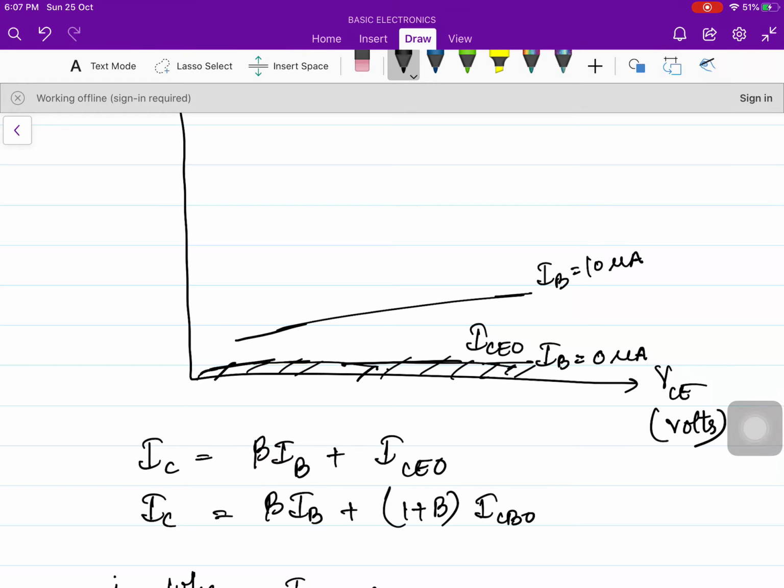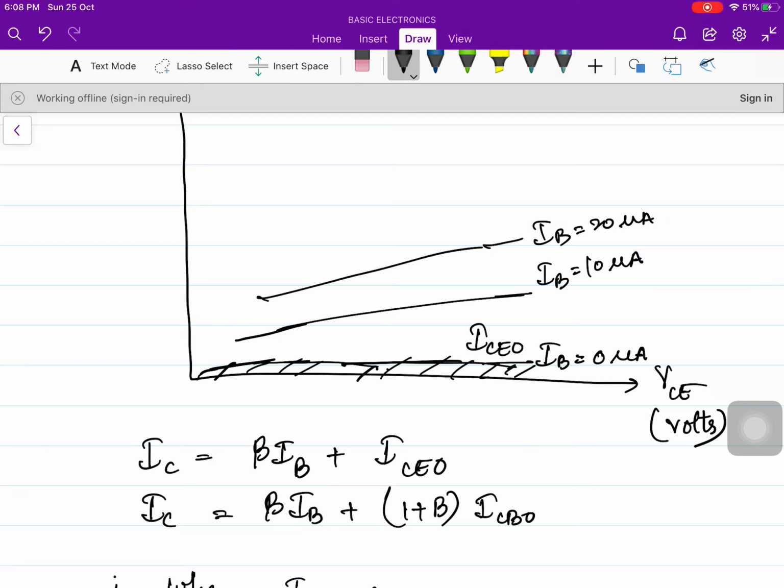Now remember, we took IE as 2, 4, 6 milliamperes in the output characteristics of common base, because the unit was big, milliampere is much greater than microampere. So for bigger units we took small values. But here the unit is very small, so we have to take considerably bigger values.